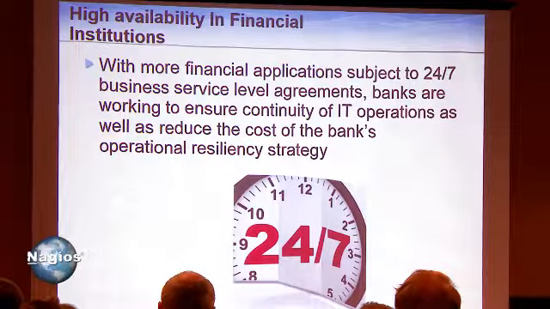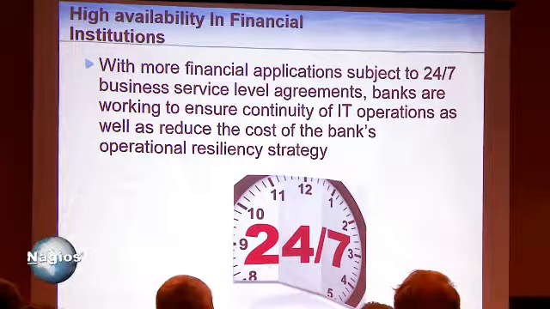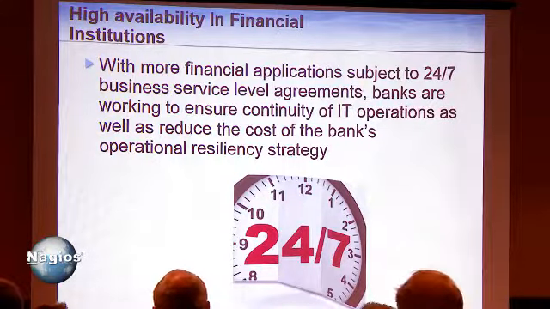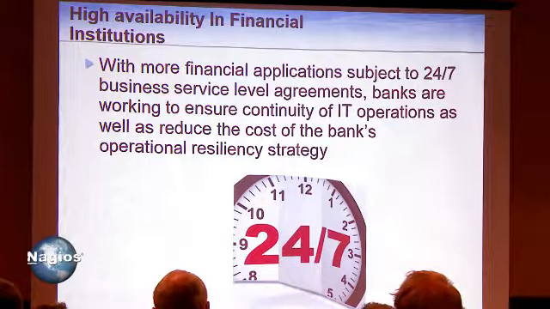High availability in financial institutions. All institutions have the service 24/7, and the applications, because they comply with business agreements and service level agreements, and the banks work to ensure continuity of operations. For example, if the principal data center crashes, what is my BCP?